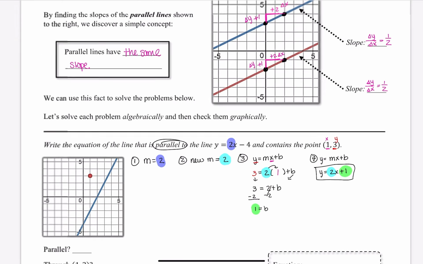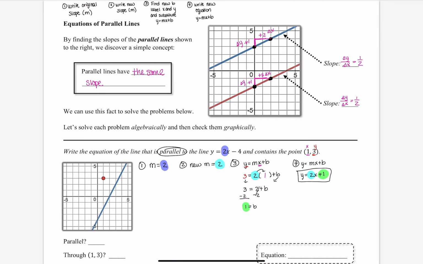So again, step 1 is write your original slope, always the number in front of x. Step 2 is write your new slope, because they're parallel, they're the same. Step 3 is find your new b by labeling your x and your y, and then substituting in mx plus b. Step 4 is write your new equation.